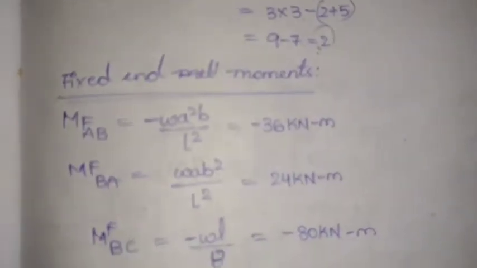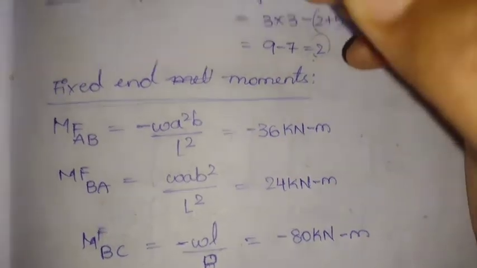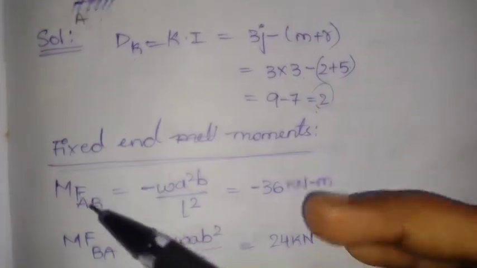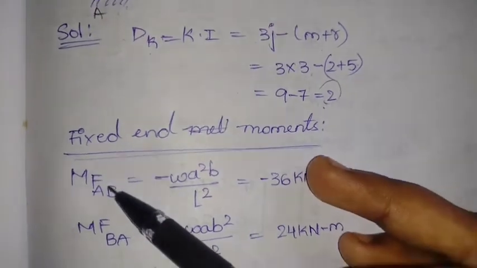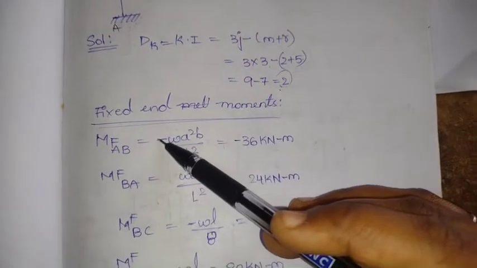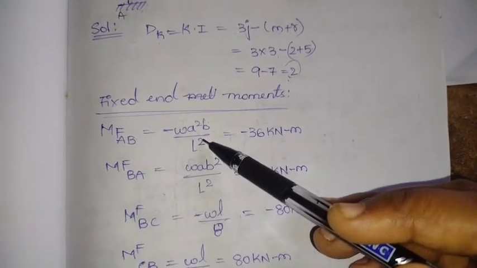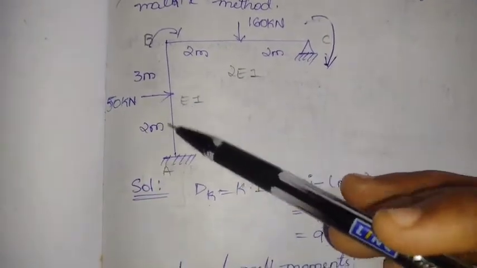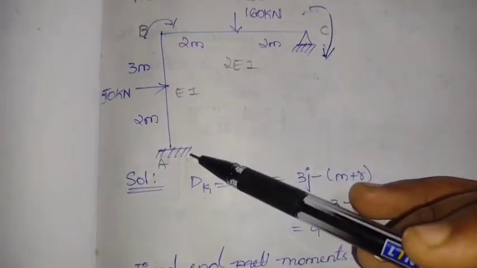Next, the second step is calculation of fixed end moments. For fixed end moments, in this diagram MFAB and MFBA, as I am giving notation MF, that is fixed end moments, that is minus of W A squared B by L squared, that is W A into B squared by L squared.